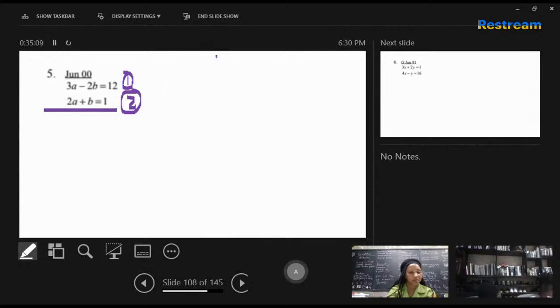So multiply 1 by 2a and 2 by 3a. 1 by 2, 2 by 3. If we multiply them by the variables, we're going to get square variables, which we don't want. So we're just multiplying the coefficients.